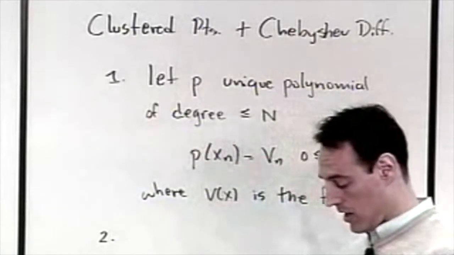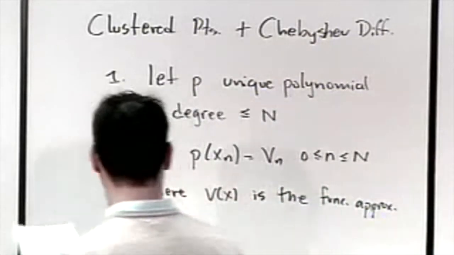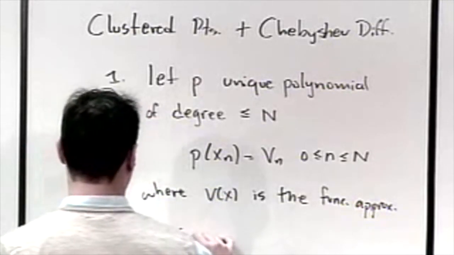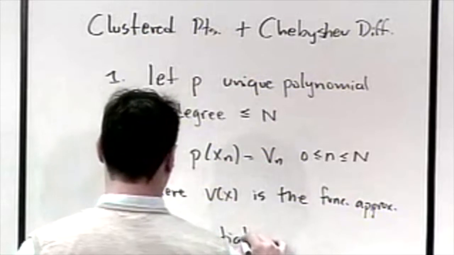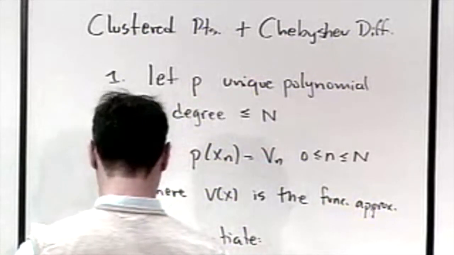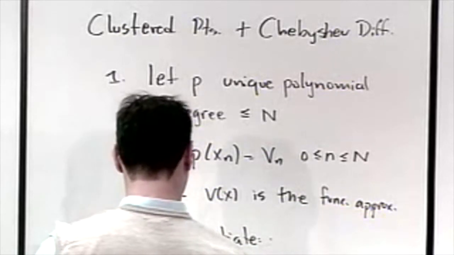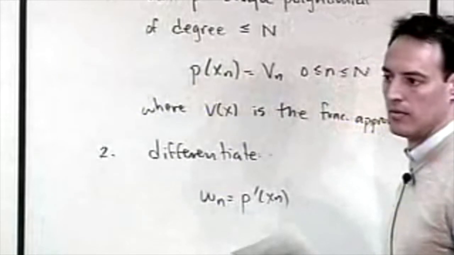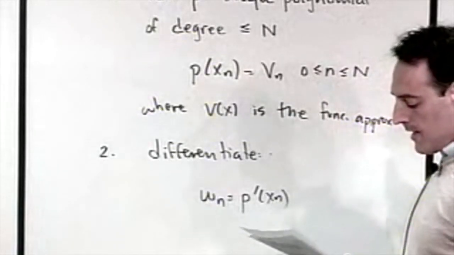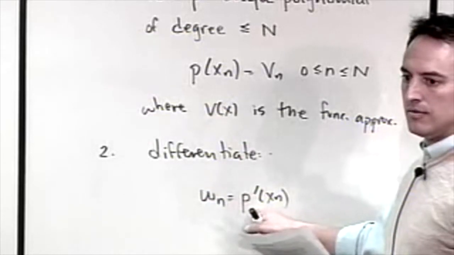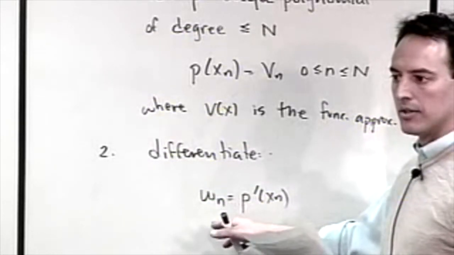Same thing here. Okay? Once you get this, then you say, okay, to take the derivative, differentiate. So then you get just the derivative of the polynomial for each point. Right? So you have to evaluate this polynomial at each of the data points.